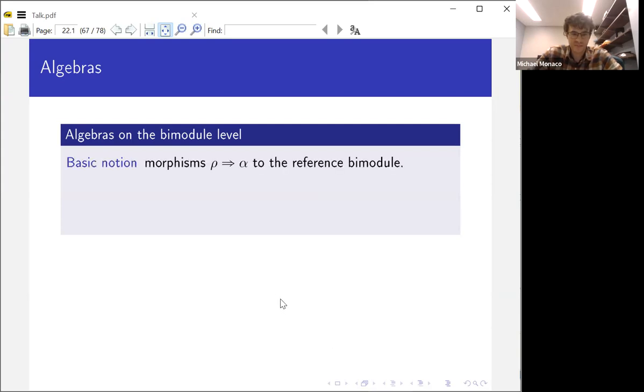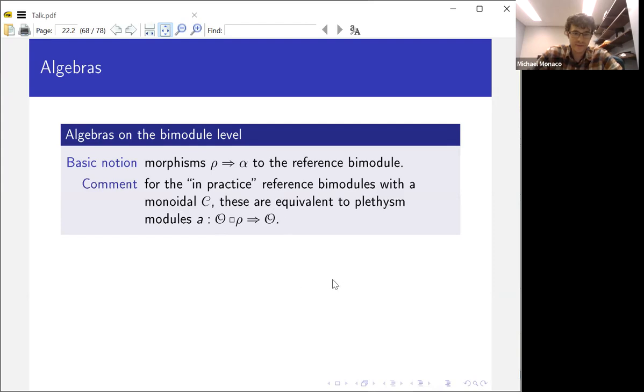The very most basic notion of an algebra would simply be a morphism from rho to the reference one. And just a comment that in practice, these reference bimodules are equivalent to the notion of a Day convolution module that looks like this, where the O is the same O as before.